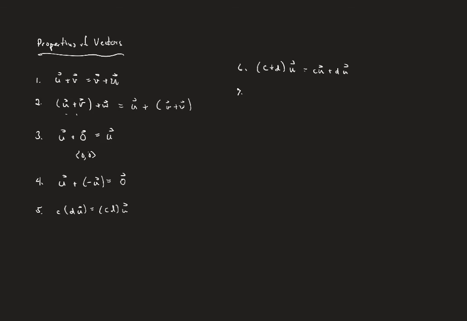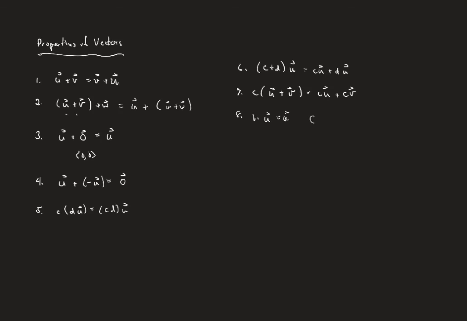In a similar fashion, you can distribute a scalar over the addition of two vectors. So that scalar would just multiply each of the two vectors, and then if you wanted, you could later add them. The number 1, that scalar 1 times any vector just gives you back that same vector.